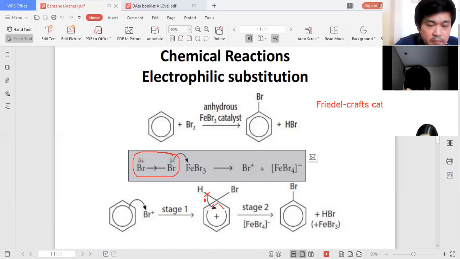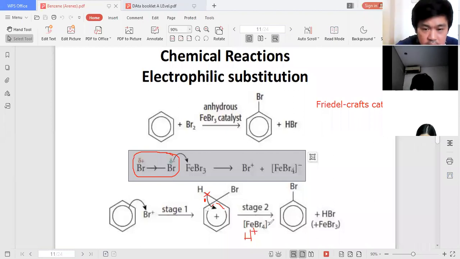So this benzene will not lose its basic property. It will take the electron from the hydrogen because bromine is a stronger electrophile than the hydrogen. So the hydrogen moves out, and the hydrogen is located over here.